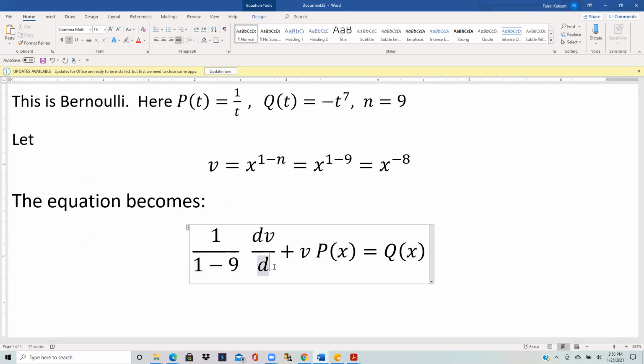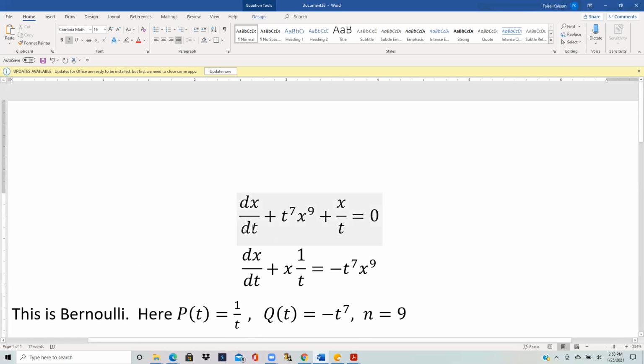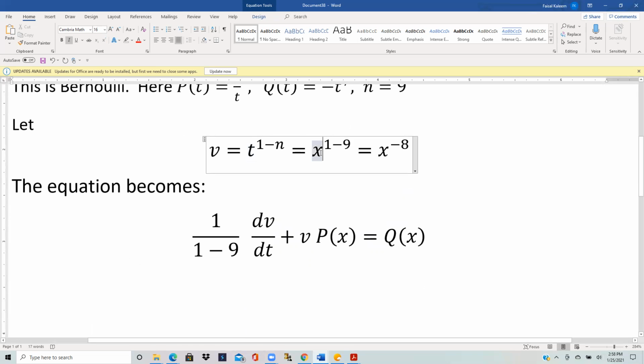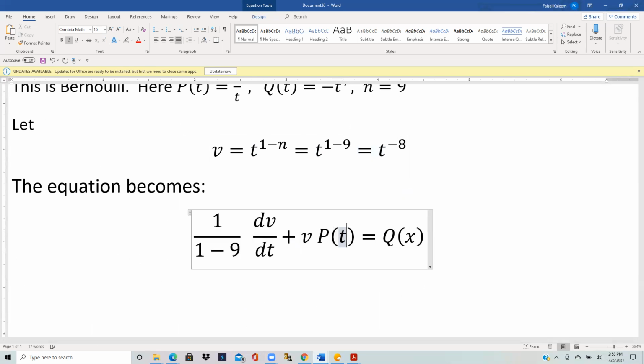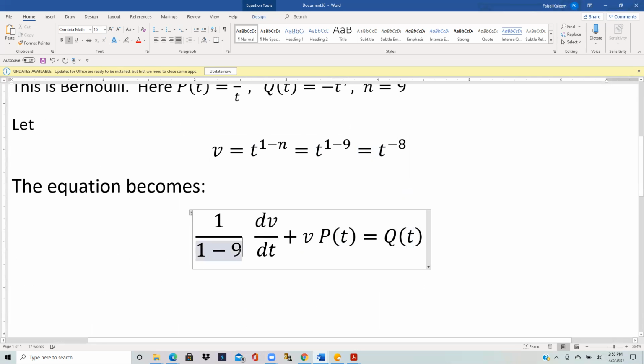Here t is playing the role of x, not x but t, right? Because remember, normally it's dy over dx, so whatever is in the denominator is the x part, so in this case it's t. So this is also t, and this is also t, and v p of t, q of t. Okay, let's just write the 1 over 1 minus n first, or this is fine.